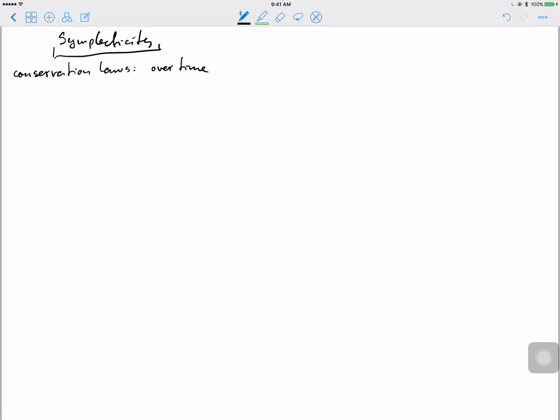That's a function that does not change its value as the motion keeps going on indefinitely. Now, symplecticity, it's a different type of conservation. That's a type of conservation over phase space. Okay, so what do I mean by that?